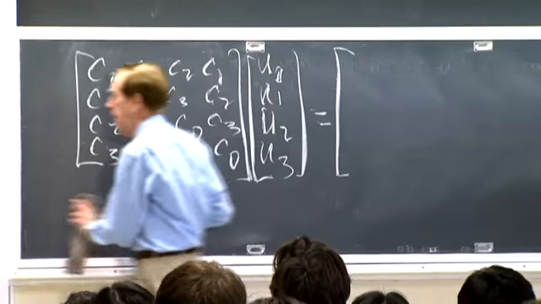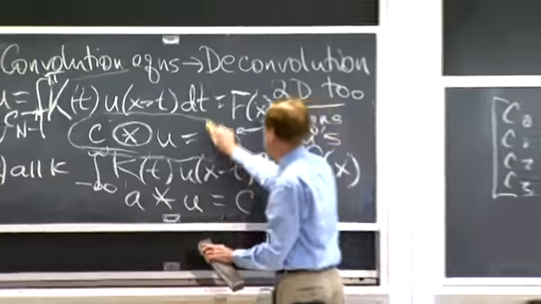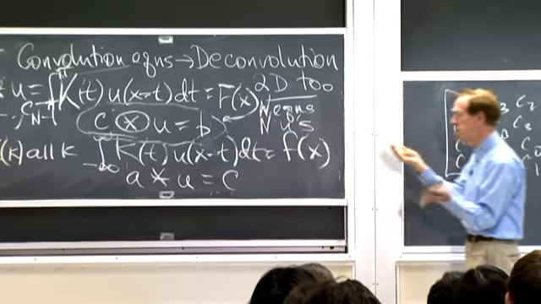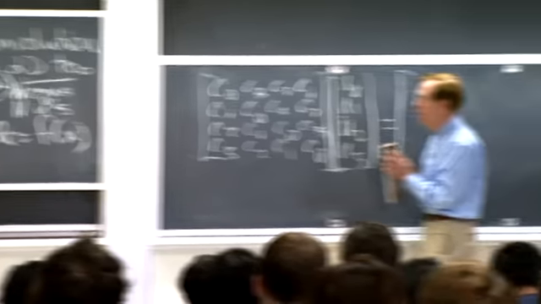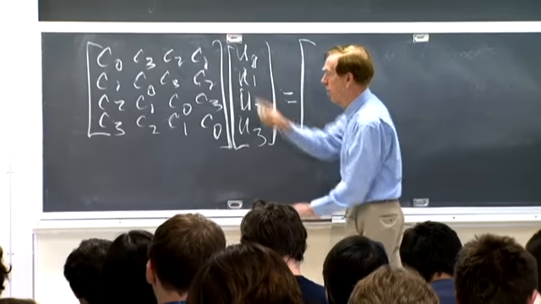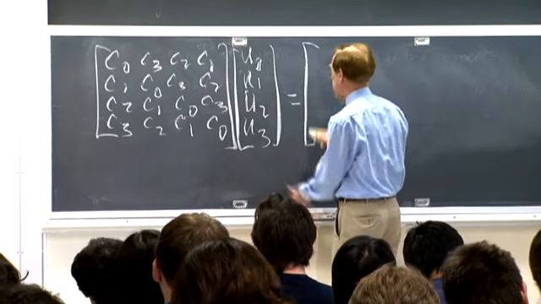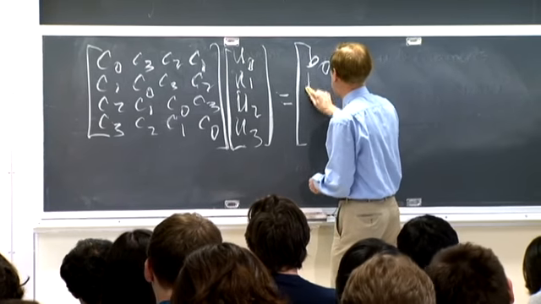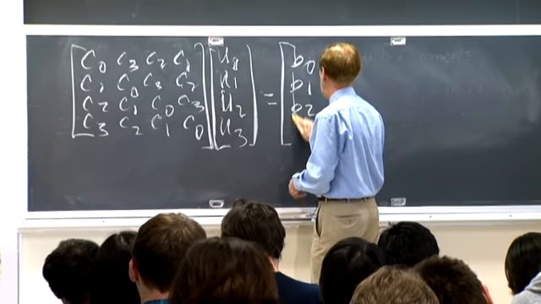Maybe B would be a little better because we're more used to B as a known. It's just an AX equal B problem, or an AU equal B problem, but it looks like a convolution, but now it's just a matrix multiplication. So this is just B0, B1, B2, B3.